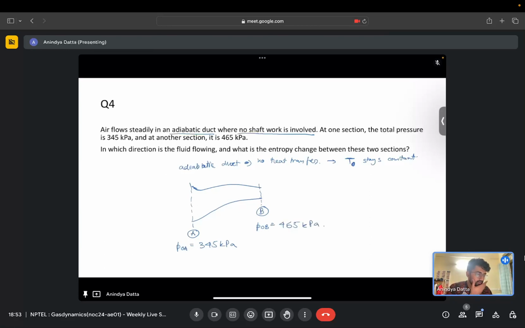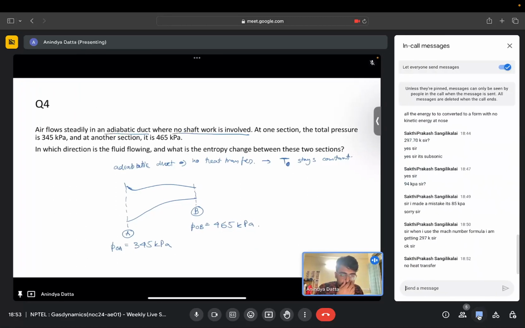Now the question is, in which direction is the fluid flowing and what is the entropy change between the two sections? Let's address the first part. In which direction is the fluid flowing? Is it from A to B or from B to A? And why?